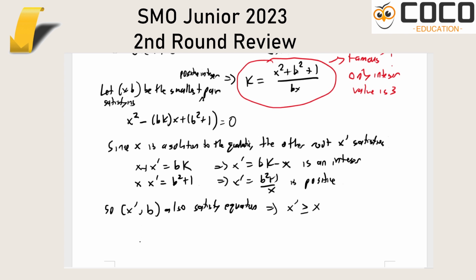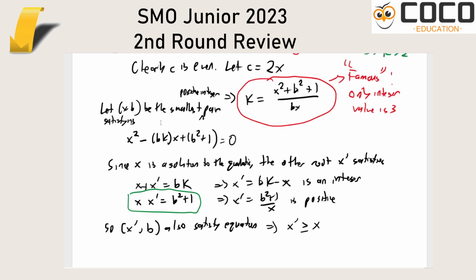Then you'll want to see what looks weird about this. And what looks weird about this is the fact that I can have added an assumption freely, which is that since it's x and b, I can always let my x to be larger than b.